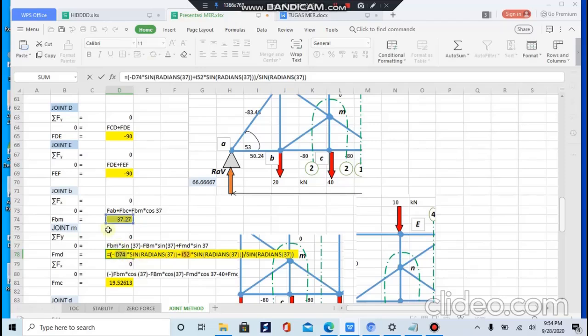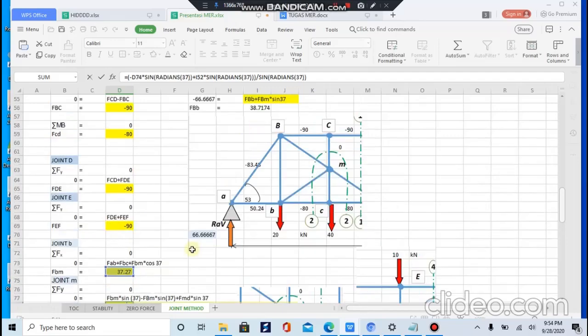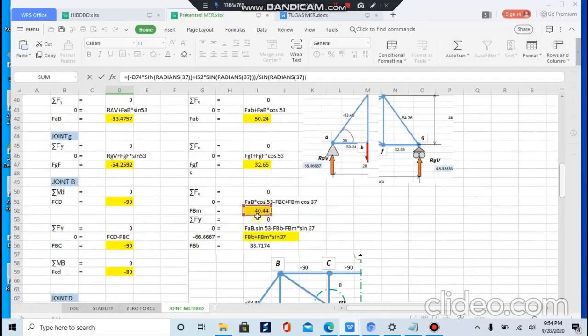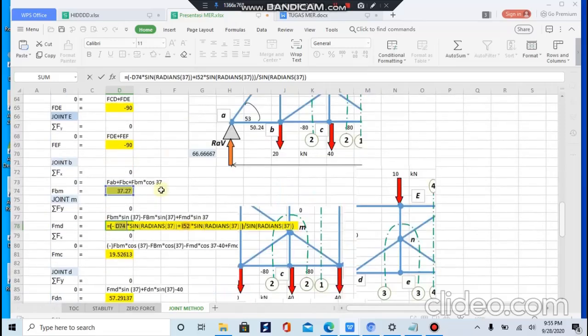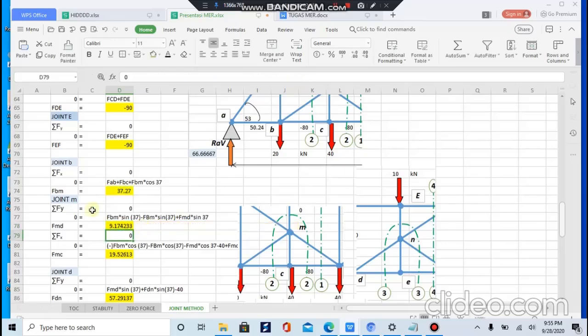So in this equation, minus 37.27 or FBM times sin 37 plus 46.44 FBM times sin 37, divided by sin 37, so it will be 9.174.